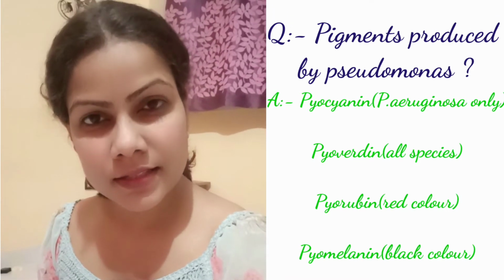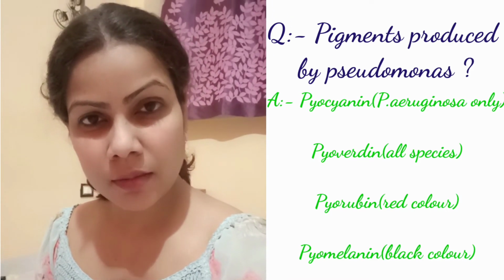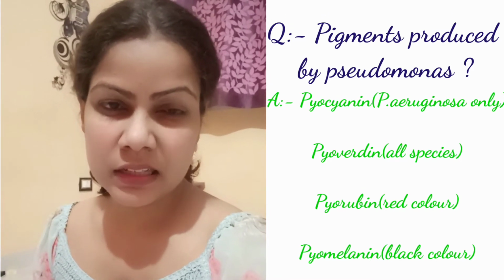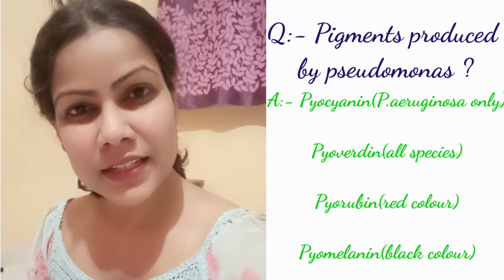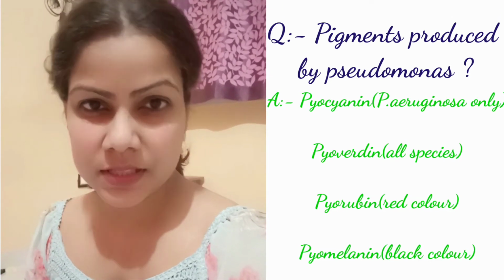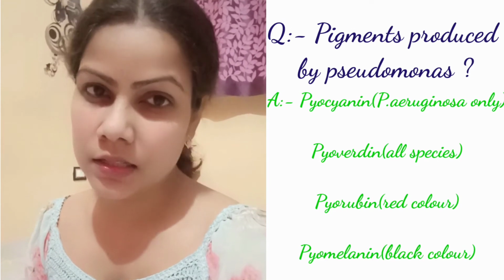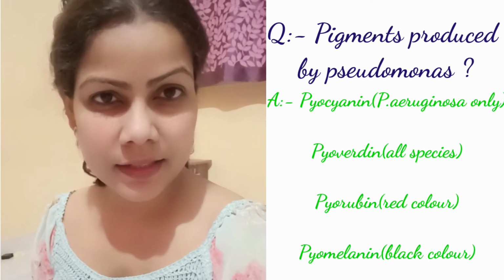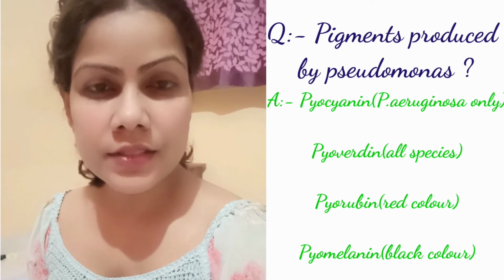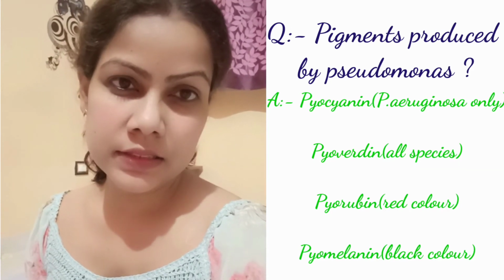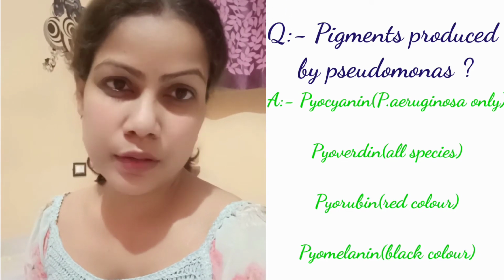Next is pyoverdine, also named fluorescein, which imparts greenish yellow color and is produced by all species of Pseudomonas. Next is pyorubin, which imparts red color, and last is pyomelanin, which imparts black color to the Pseudomonas colony.